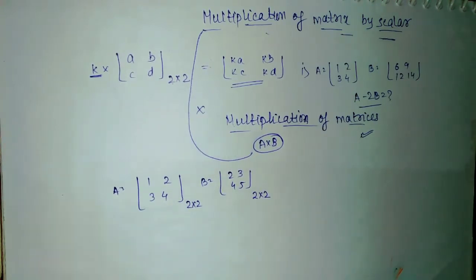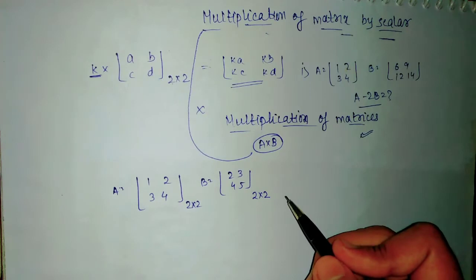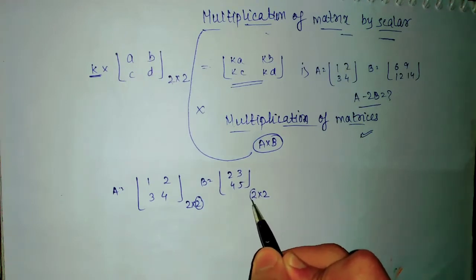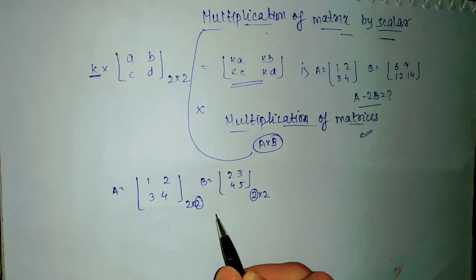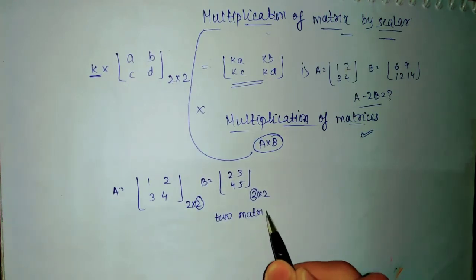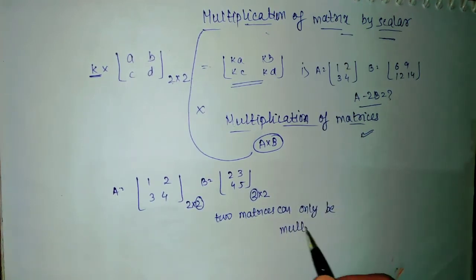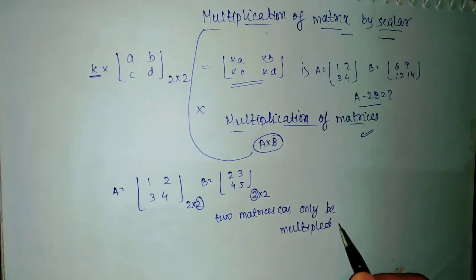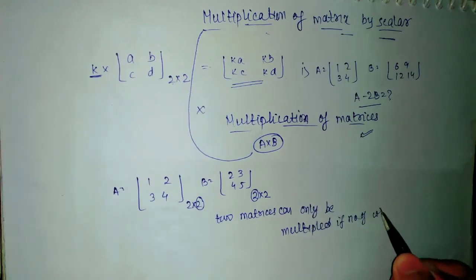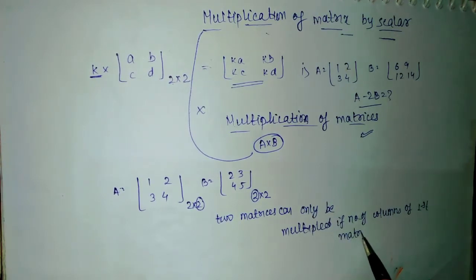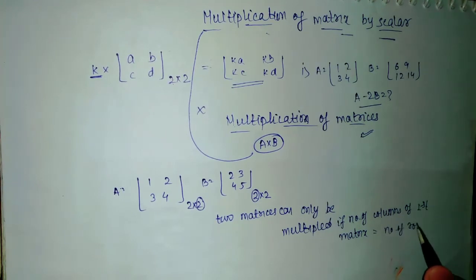A very important point worth noting in this topic is that two matrices can only be multiplied if the number of columns of the first matrix is equal to the number of rows of the second matrix.